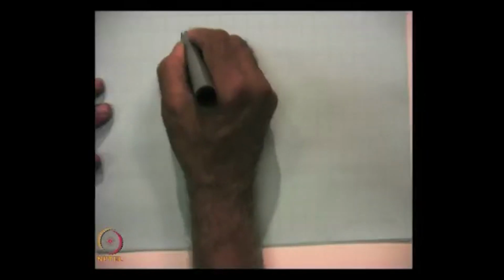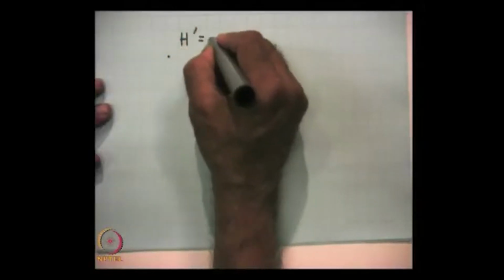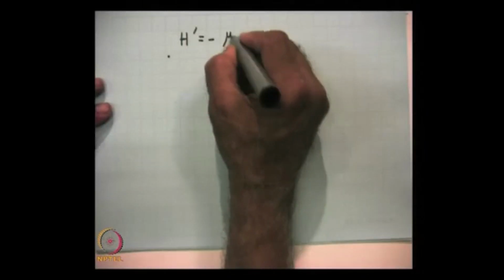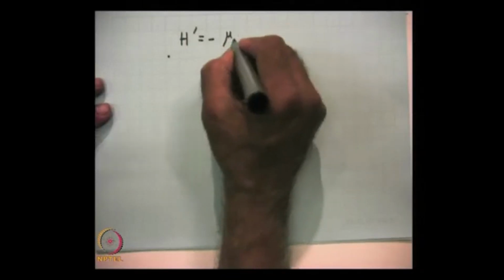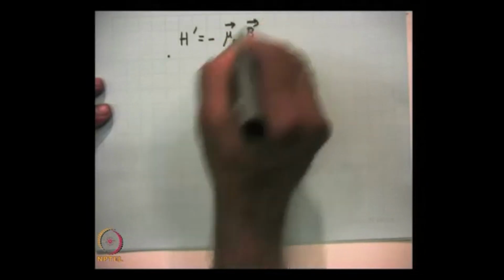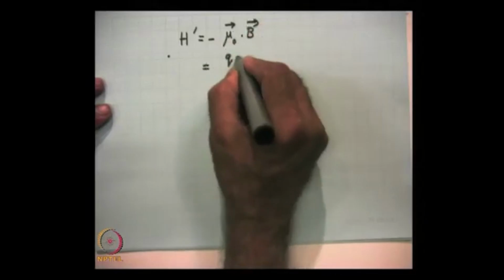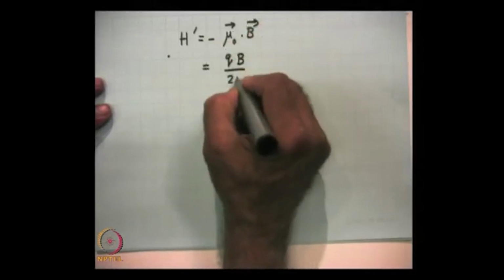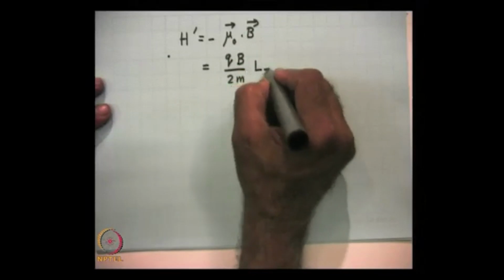Because of the orbital motion, there is a magnetic moment, which interacts with the magnetic field, and the perturbation is equal to minus the magnetic moment due to the orbital motion of the electron multiplied by B. This comes out to be plus QB by 2m, where m is the mass of the electron, multiplied by Lz.